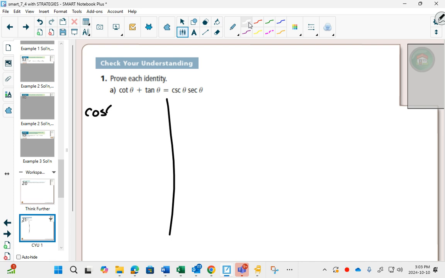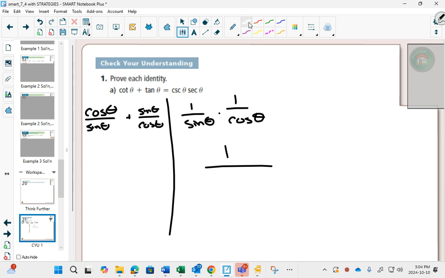I'm going to change cotangent to cos theta over sine theta, and tangent to sine theta over cos theta, and cosecant to 1 over sine theta, and secant to 1 over cos theta. On the right-hand side, if you're multiplying fractions, multiply the tops, multiply the bottoms.